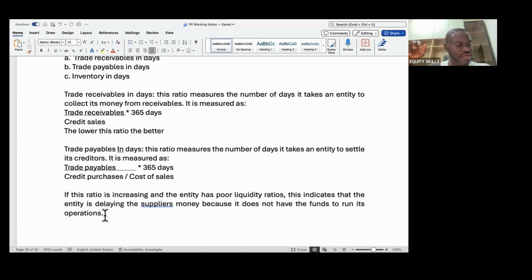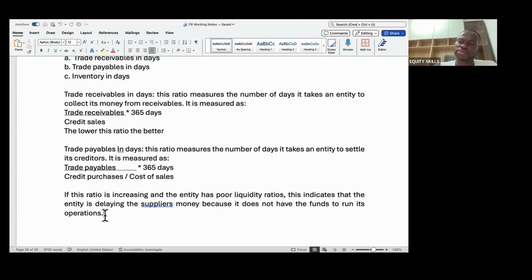So even if you want to delay your supplier's money, right? It would definitely mean that maybe you're not ready to restock or the period for you to repay the credit time given to you hasn't expired, right? But even if the time hasn't expired, you should not delay.